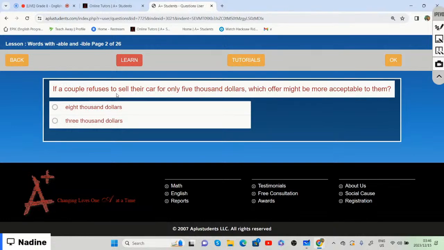And if a couple refuses to sell their car for only $5,000, which offer might be acceptable to them? Is it $8,000 or is it $3,000?